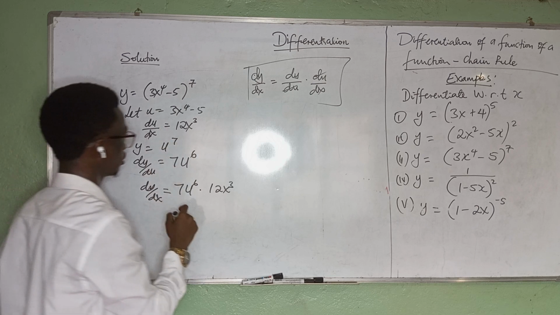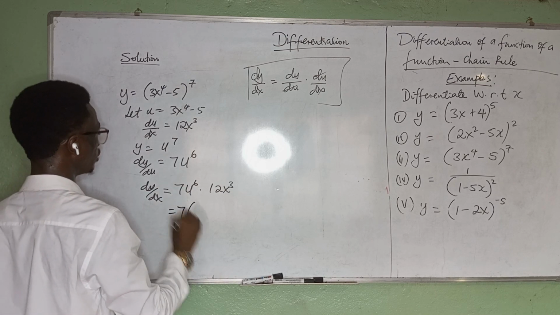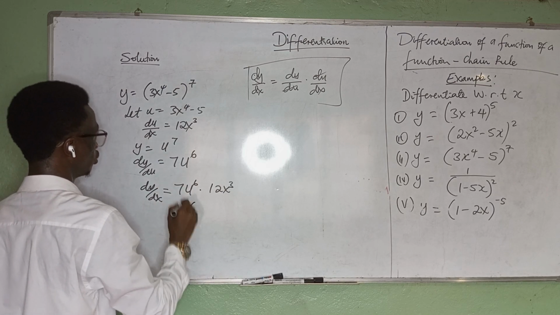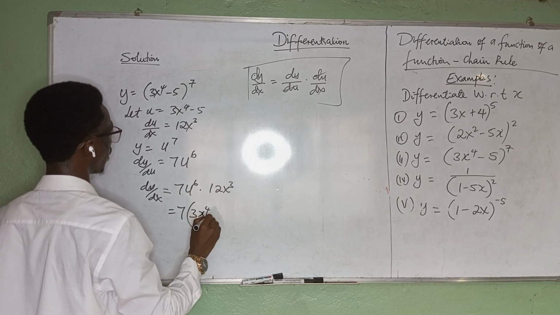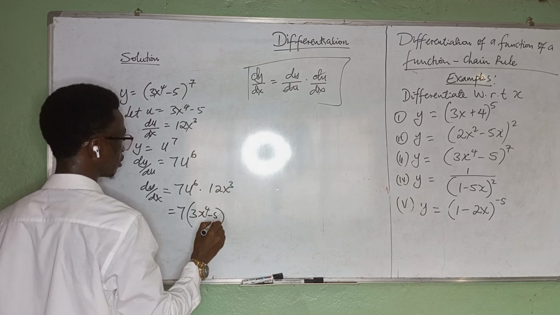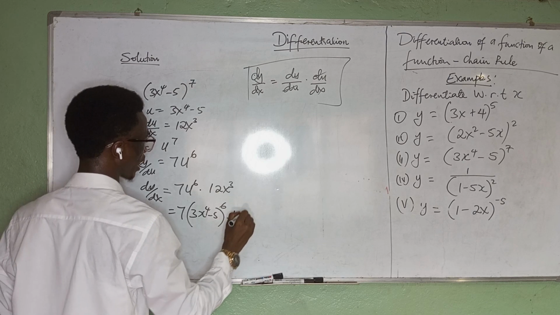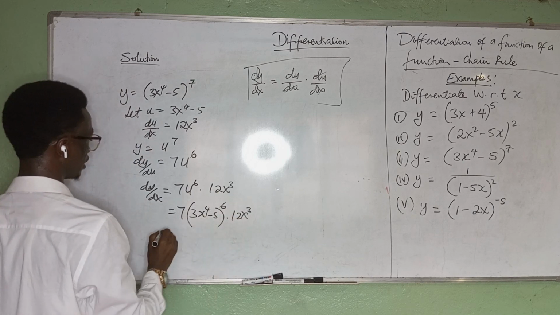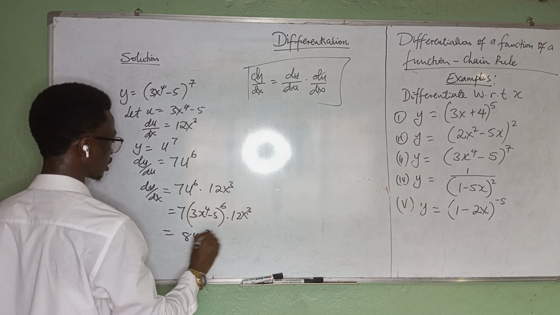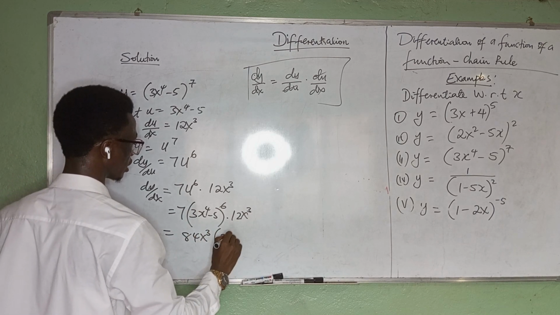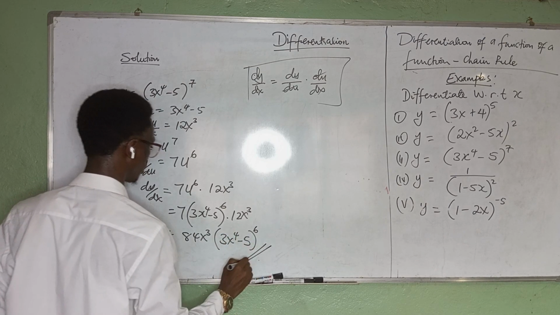So that gives you 7 into, what is your u? Your u is 3x raised to the power 4 minus 5, but this u is raised to the power 6, multiplied by 12x cubed. So now you can multiply this and this, which gives you 84x cubed into 3x raised to the power 4 minus 5, all raised to the power 6.